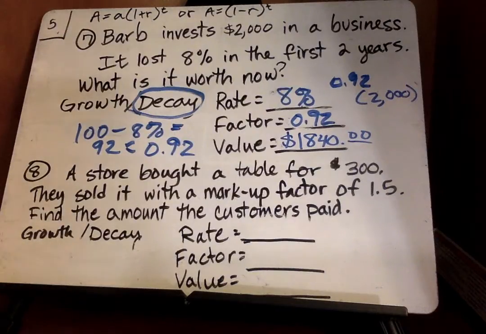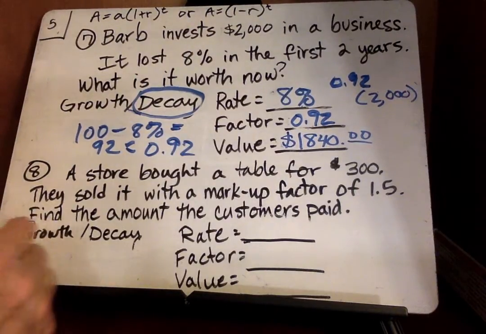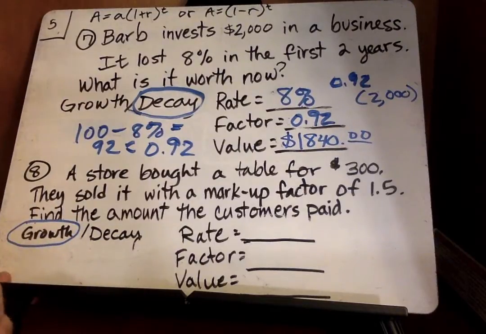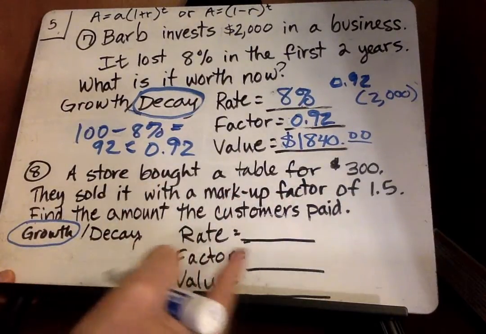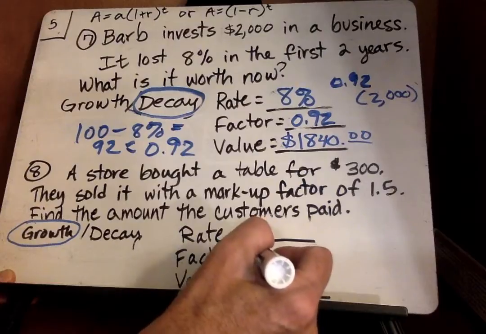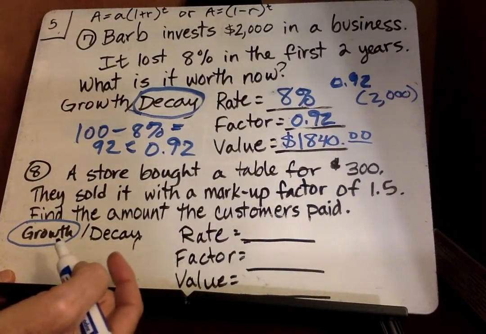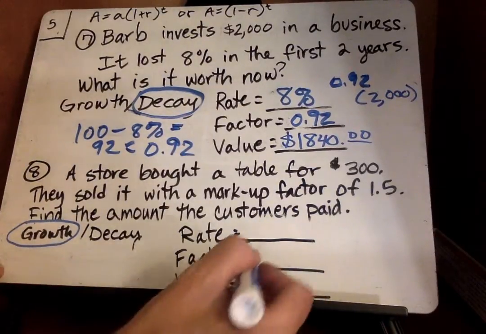Number 8, a store bought a table for $300. They sold it with a markup factor of 1.5. Find the amount the customer paid. So since it's marked up, is that growth or decay? You're correct. That's growth. What's the rate? Well, let's see. What's the factor? The factor is 1.5.